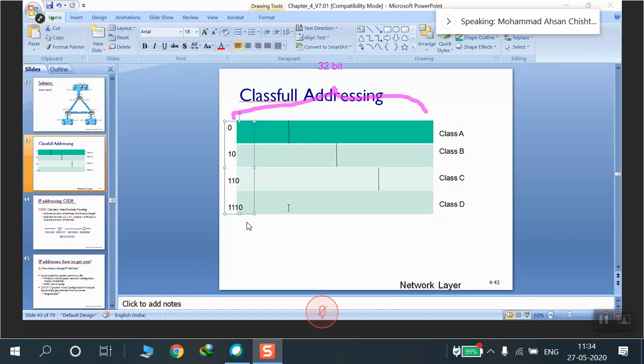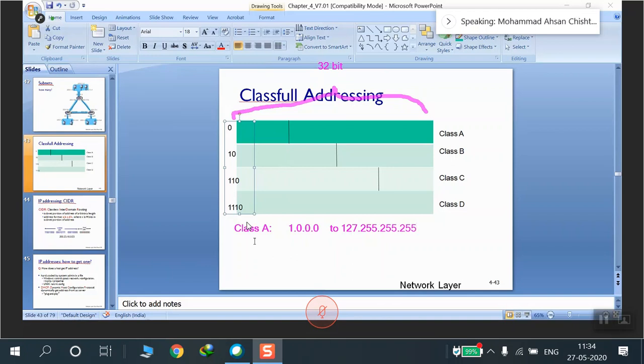To begin with, class A would start from 1.0.0.0. This is the first address that we have, to 127.255.255.255.